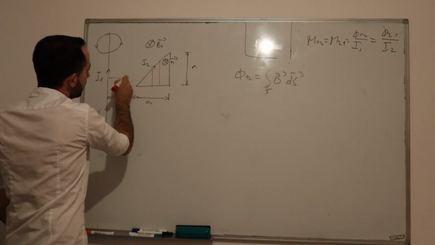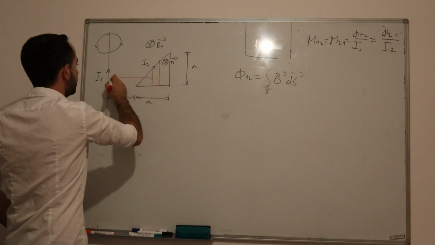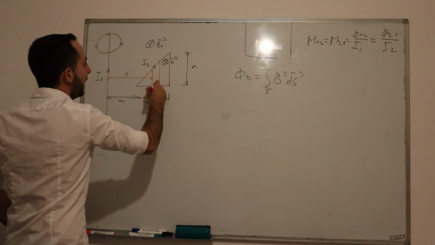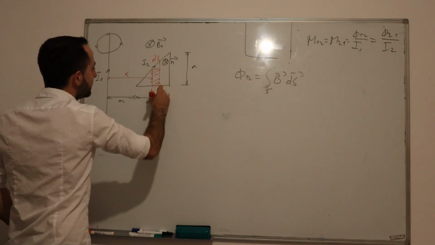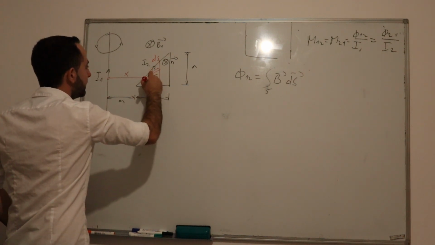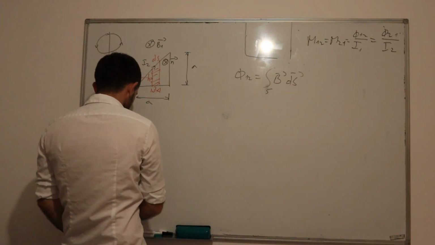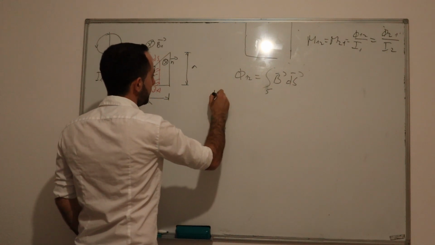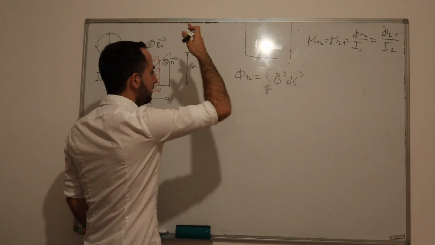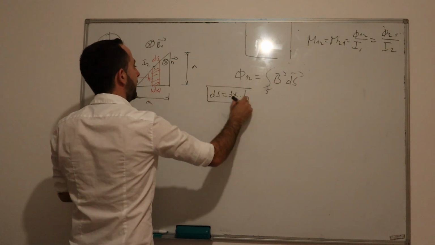So we will calculate the flux which the first conductor creates on the second contour. So this is on distance x, this is my infinitely small area, which means this is dx, this is the height of my dS. We know that this infinitely small surface is base times the height, which is dx times the height.